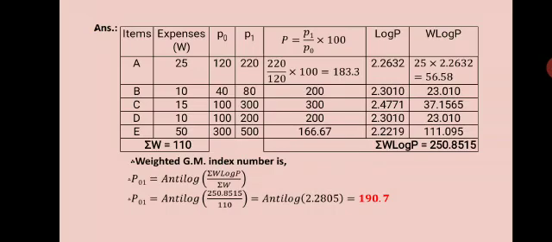Simplify the bracketed quantity, you will get antilog of 2.2805. Then from the antilogarithmic table, find the antilog of 0.2805. We will get 1907, and then give the decimal point after 2 plus 1, that is 3 digits. So our weighted geometric mean index number is 190.7.